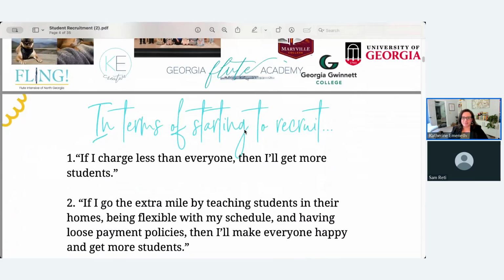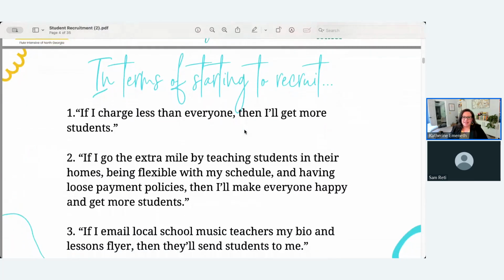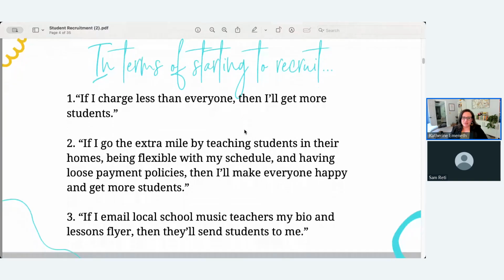So the first one is this list of things. Let's read through these together a little bit. I want you to think about the one that either currently resonates with you the most or has in the past. In terms of starting to recruit students for your private music studio, a lot of people have these if-then statements, right?